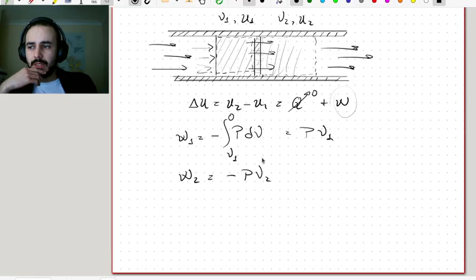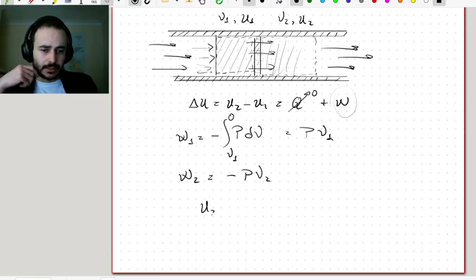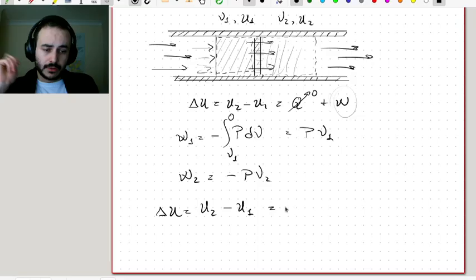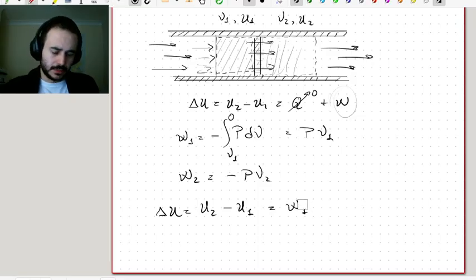Okay, so then we can write that U2 minus U1, which is simply delta U that we saw before, equals W1 plus W2, so it is PV1 minus PV2.